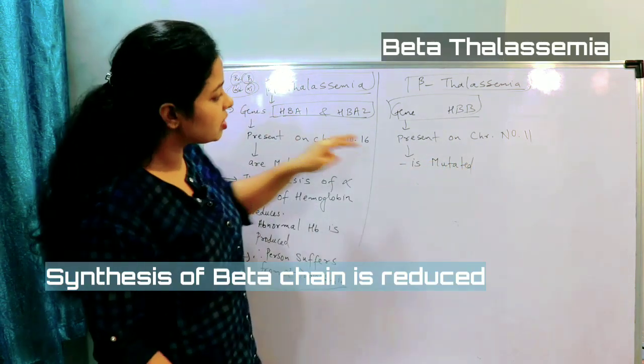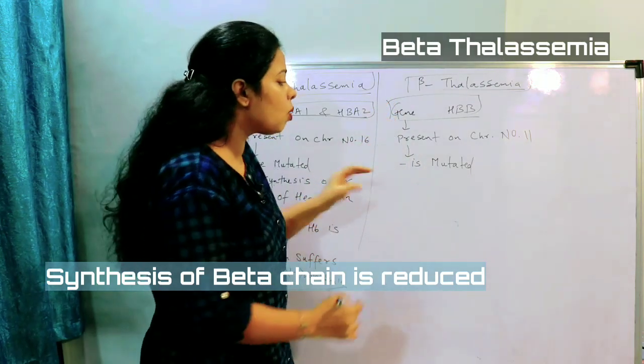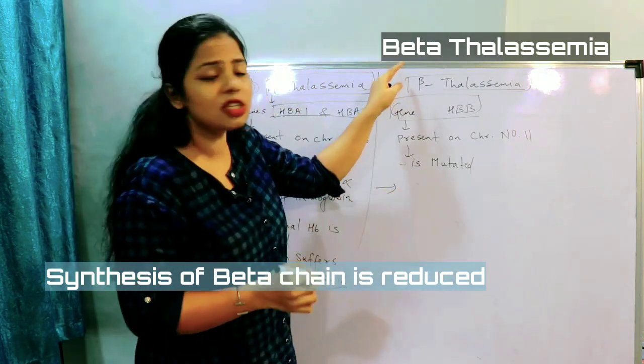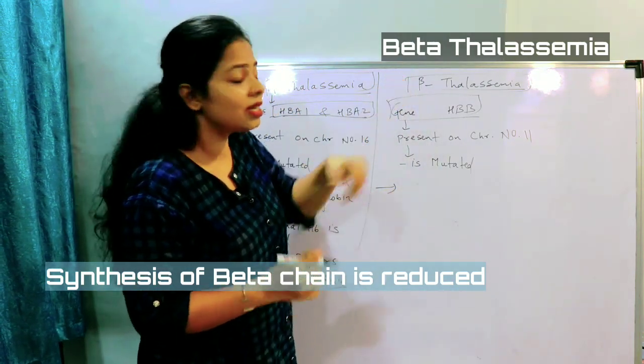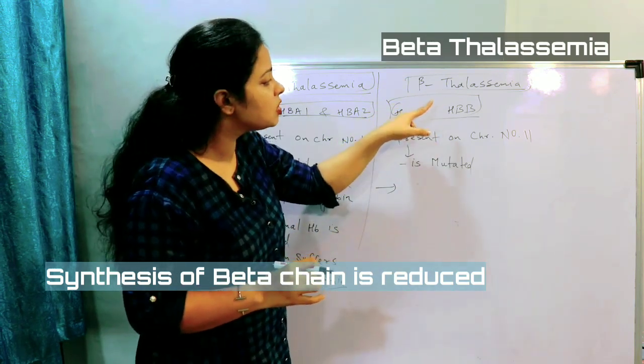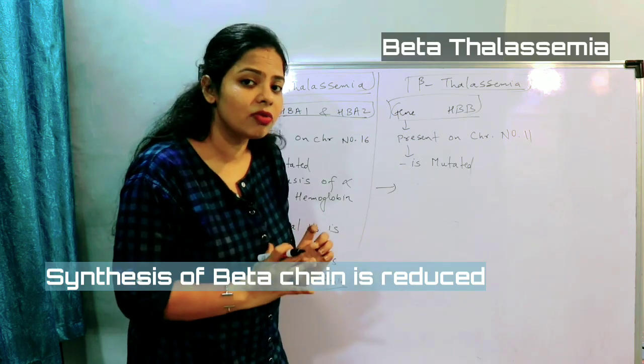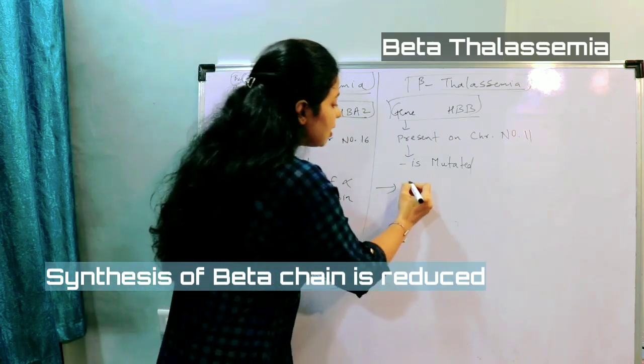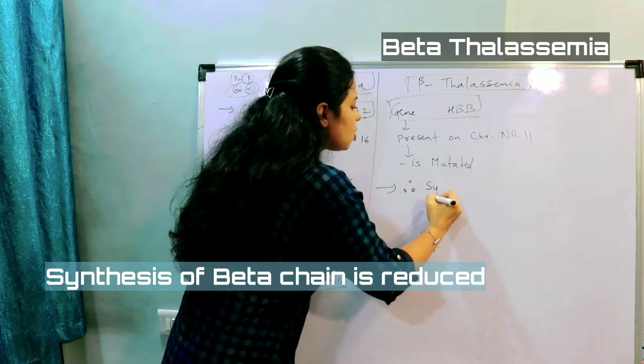Now the production of the beta chain is controlled by whom? This gene. So if this gene is mutated, will the beta chain be produced? No.